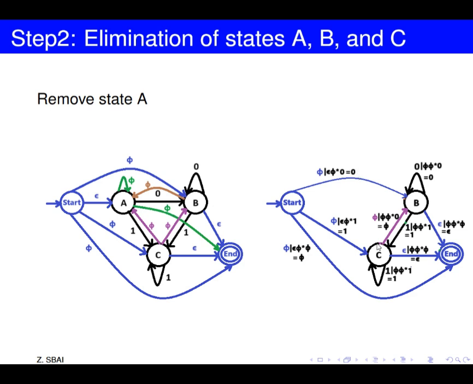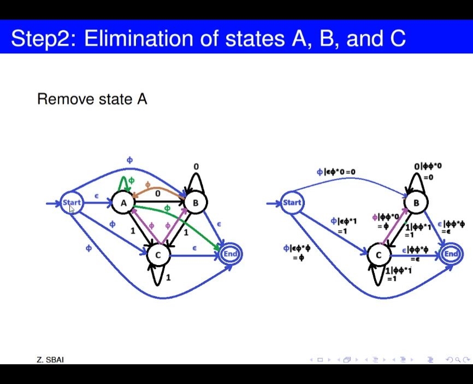Okay, now for the transition going from start to C, we will write here from start to C empty set here, or the way if we take start then A then C. Okay, in this case we'll have epsilon empty set star 1, and this regular expression will be simplified to 1.